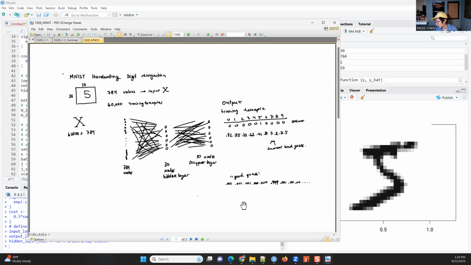What we're hoping to get for a good guess is values that are close to zero, something like 0.001 for all the nodes, and then something like 0.99 for the node that corresponds to 5, and zeros everywhere else. That's what we want.